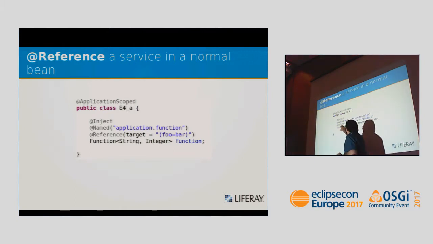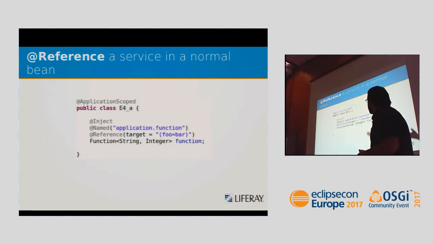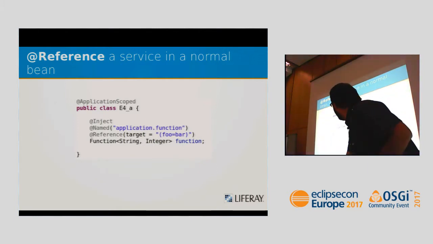And then we get the more standard kind of DS stuff, like we can put a target filter on here. This would look very familiar to a CDI developer, and familiar enough to us declarative services developers that we see what is happening and we can tell what is expected here.